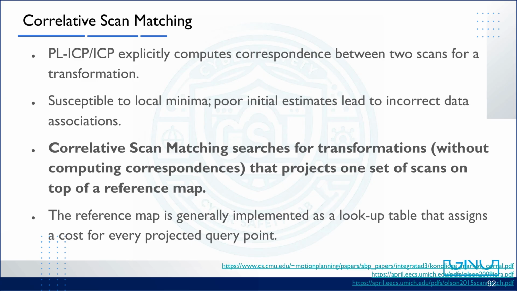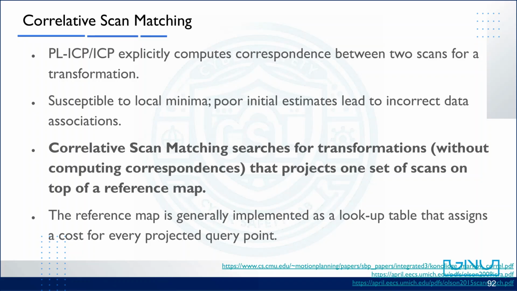However, this approach is vulnerable to poor initial guesses, and it often gets stuck in local minima. A variant called PLICP improves this by using point-to-line distances instead of point-to-point, which works better in structured environments. But both still require computing correspondences, and that step is sensitive to errors.